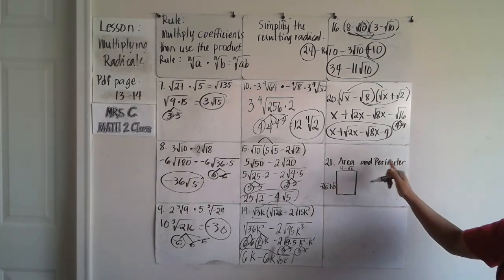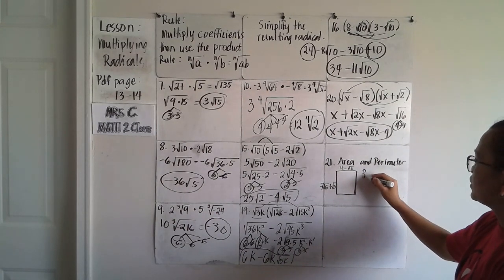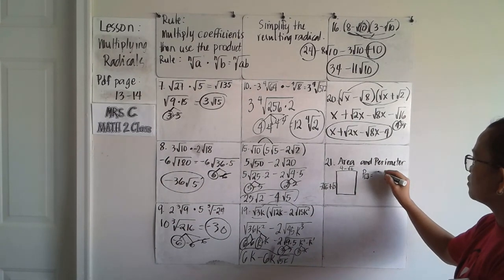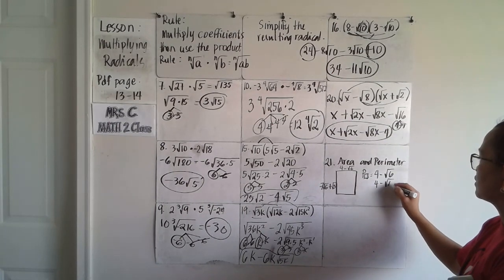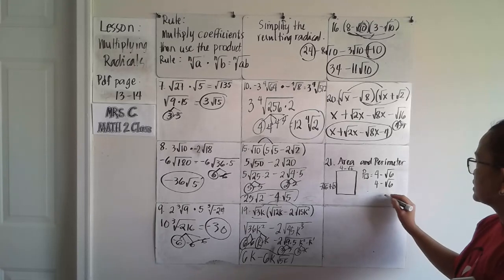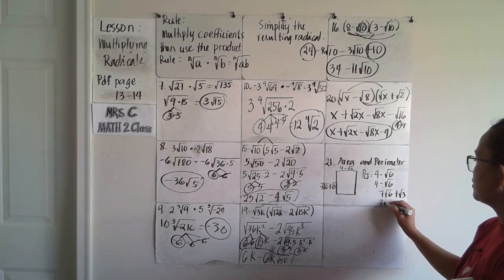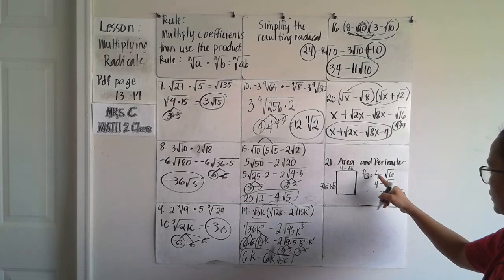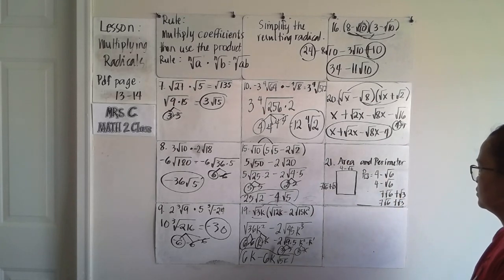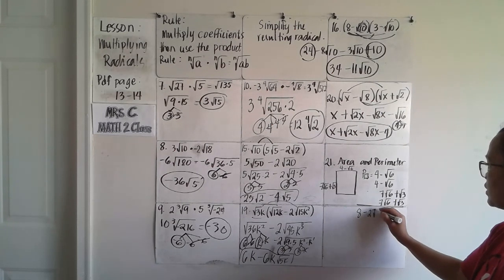Next, 21. We need to find the perimeter and the area. Let's find the perimeter first. Perimeter of that rectangle is equal to 4 minus square root of 6, 4 minus square root of 6, 7 square root of 6 plus square root of 3, 7 square root of 6 plus square root of 3. 4 and 4 would be 8 minus 2 square root of 6.